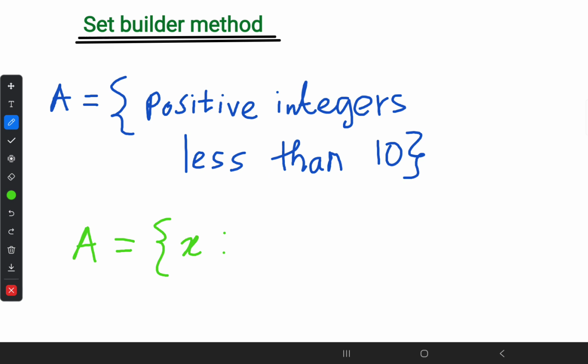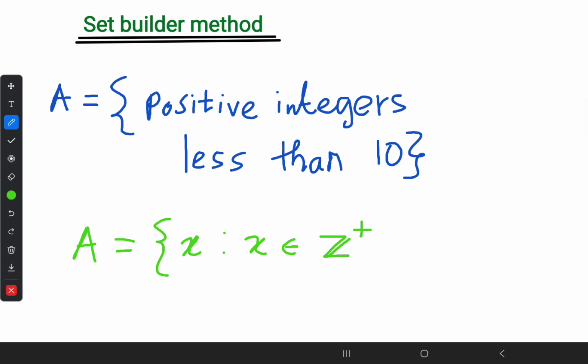The first condition is that all the elements which belong to this set A should be positive integers. So x is an element of positive integers. No need to worry about this Z plus; I will explain what it means. We know the solutions for these answers. There are several solutions. Instead of that, we use only a single one.